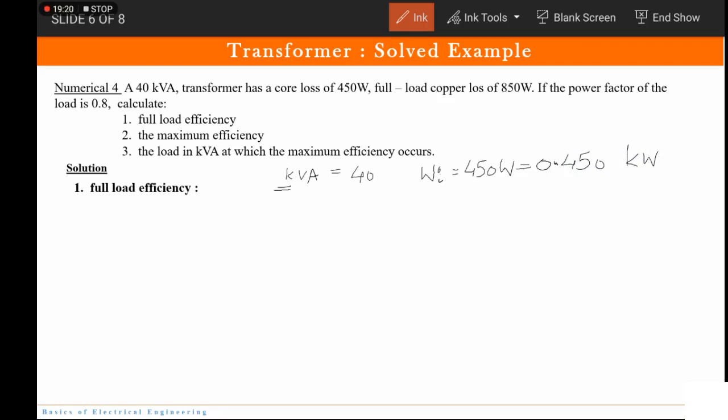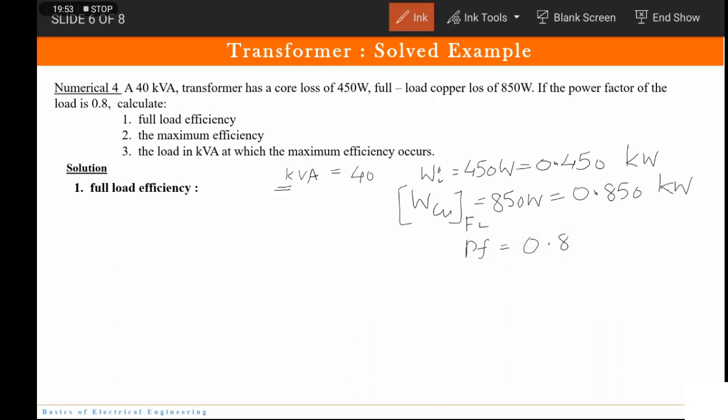Next, full load copper loss is 850 watt. Again, it has to be converted into kilowatt, so it becomes 0.850 kilowatt. Please keep these things in your mind, otherwise we will get a different answer altogether. Secondly, power factor is given as 0.8.